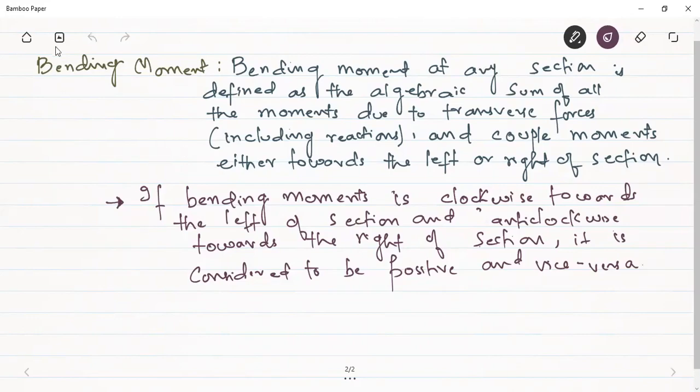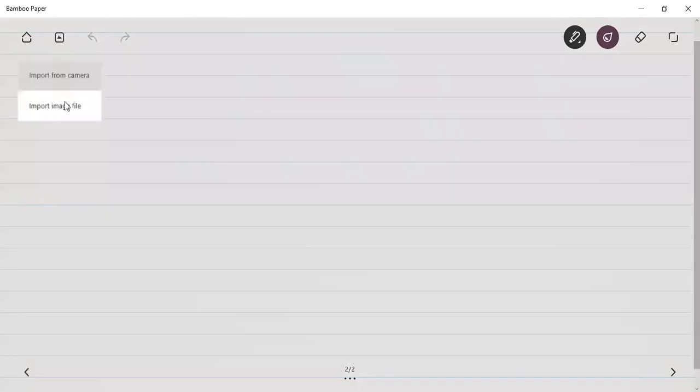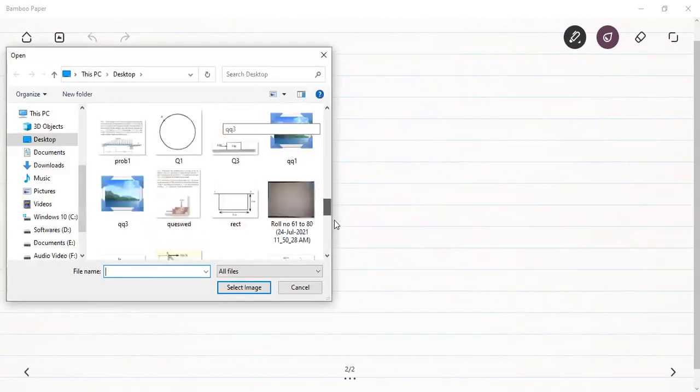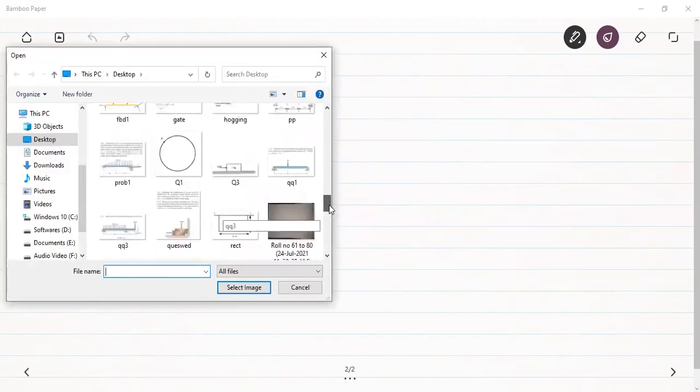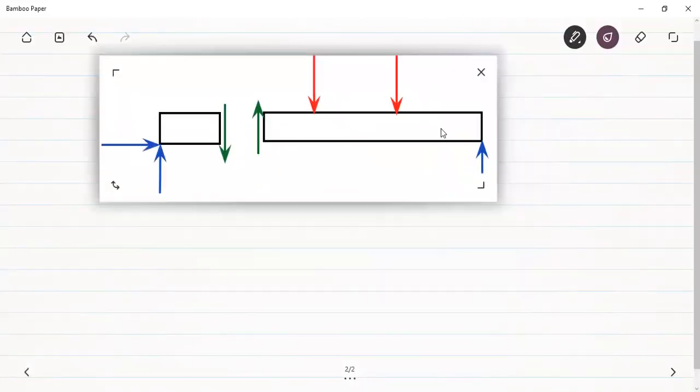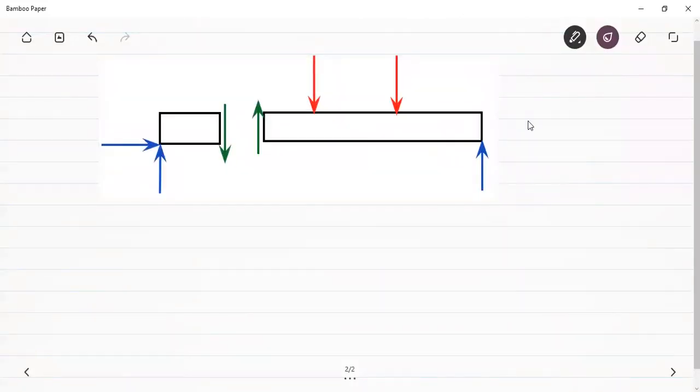So if we see one figure, if I take the example of this beam again, the same example which we had taken yesterday, we had cut a section here, and there was the left hand side of the section and the right hand side of the section.